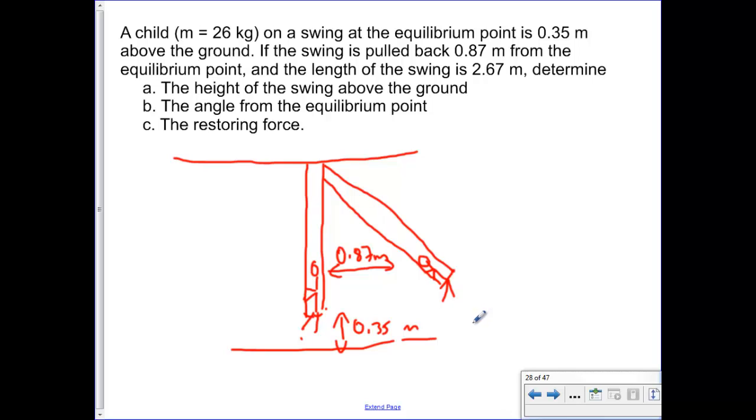Okay, one more thing. I'm going to tell you the length of the swing. And so the swing itself is 2.67 meters, which means that it's also from here to here 2.67 meters. All this information here is so that we can try to find the angle. So that's our goal, try to find the angle.